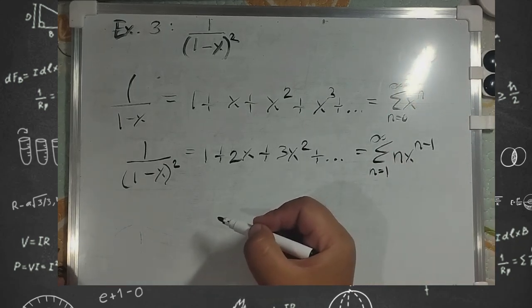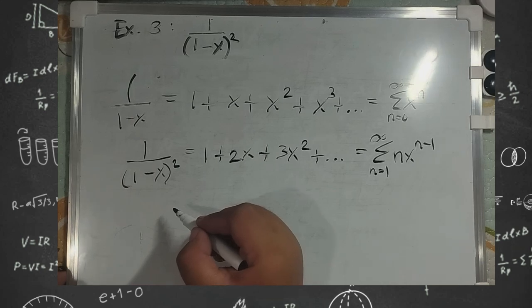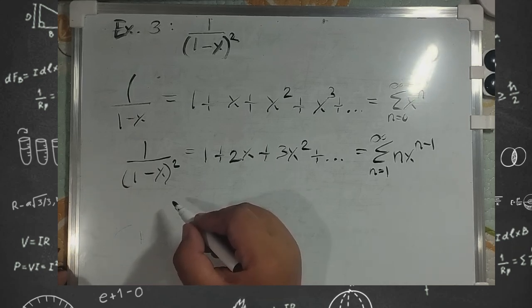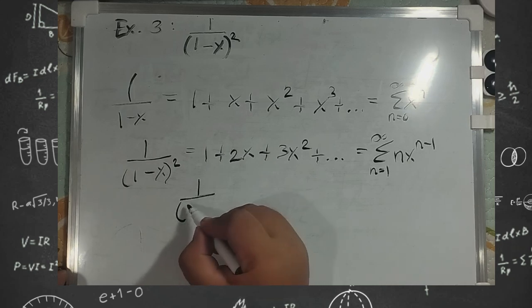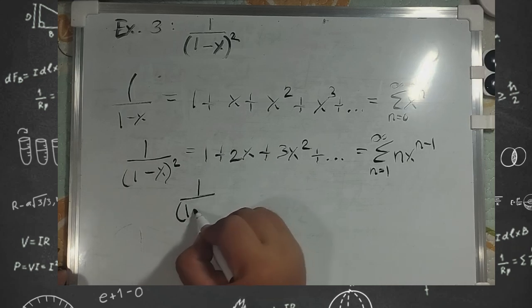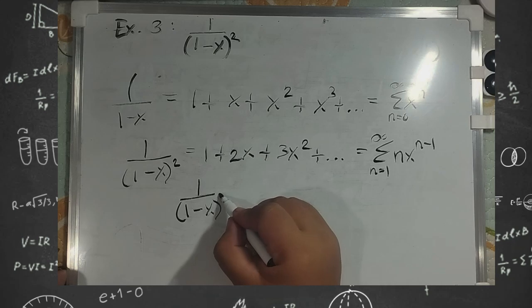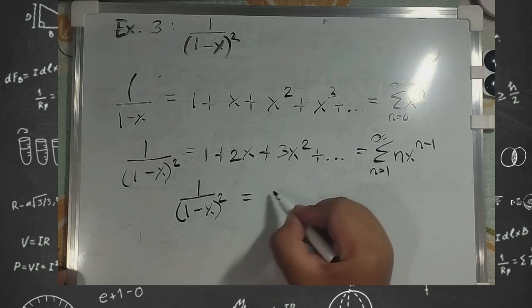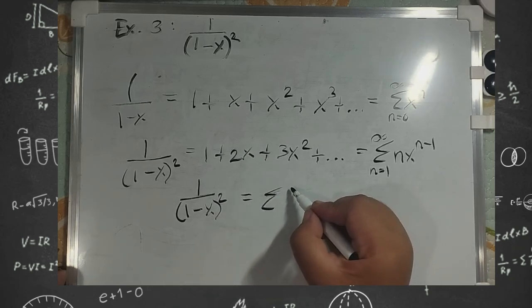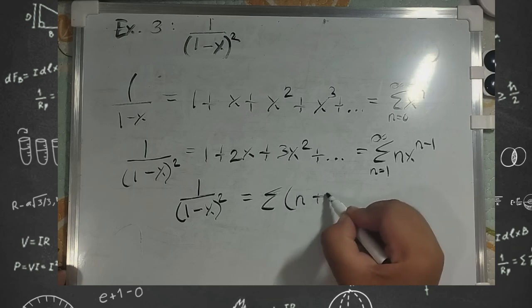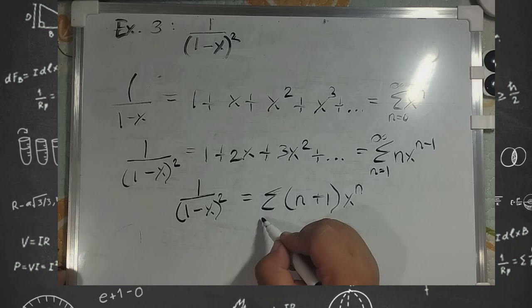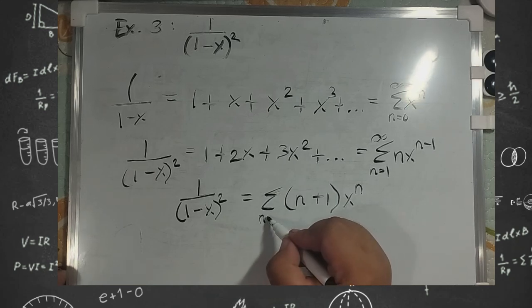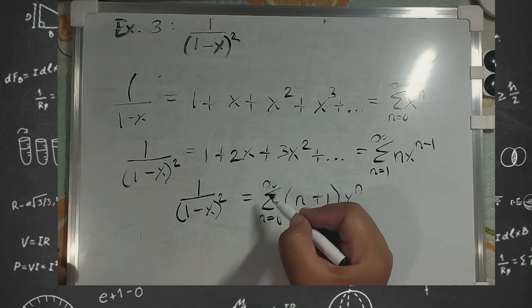If we wish, we can replace n by n plus 1 and write the answer as 1 all over the quantity 1 minus x raised to 2 is equal to the summation of the quantity n plus 1 times x raised to n, where n approaches from 0 to infinity.